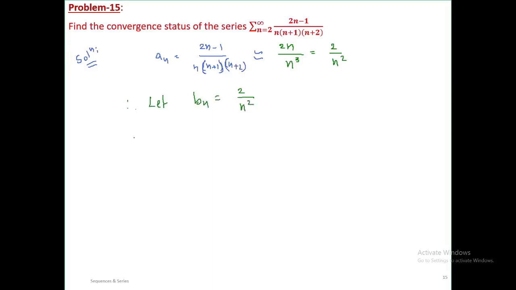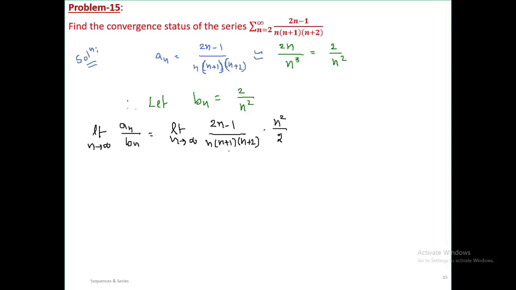Then you proceed with the limit of the ratio an by bn. So limit n tends to infinity of an, which is 2n minus 1 upon n into n plus 1 into n plus 2, into n square by 2.